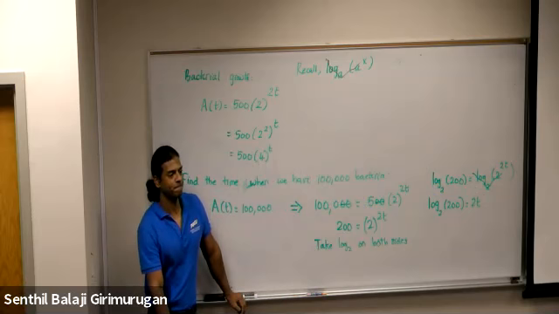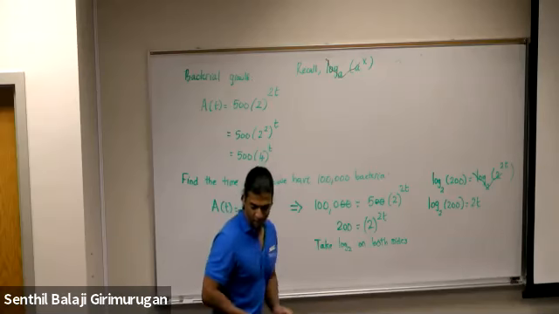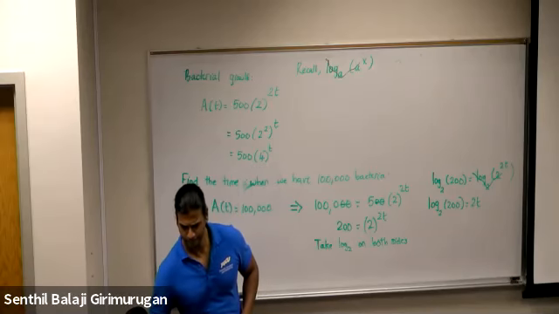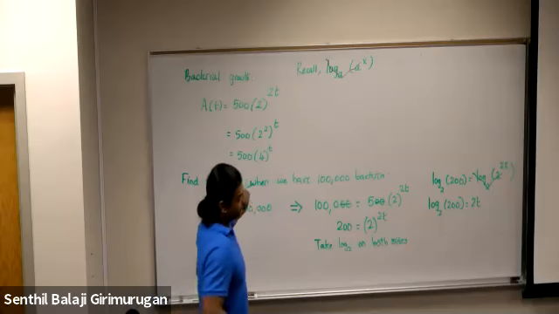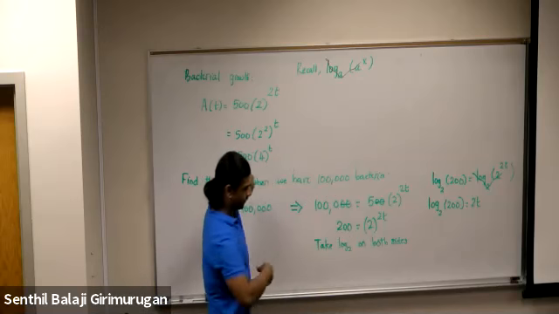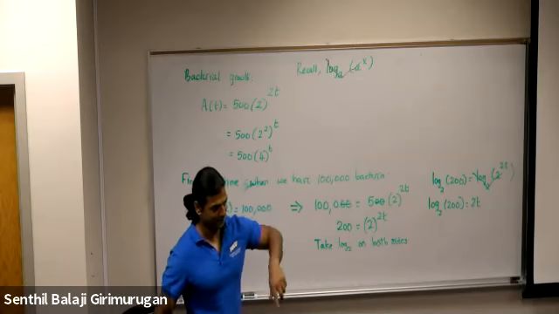Any questions so far? If you have your calculator, go ahead and grab it. I want you to search and find log base 2 for me. On your calculator, go ahead.